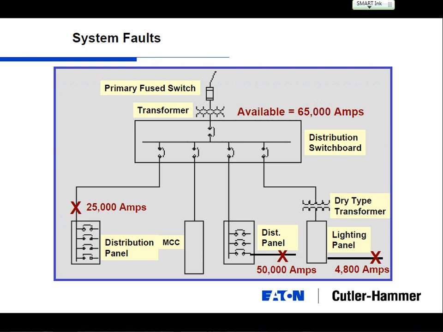Now remember, I mentioned that impedance is one of the factors that determines fault current. When you think about impedance between this switchboard and this panel board, it's going to be driven by what main factor? Cables. Power's rolling through the cables throughout your facility.